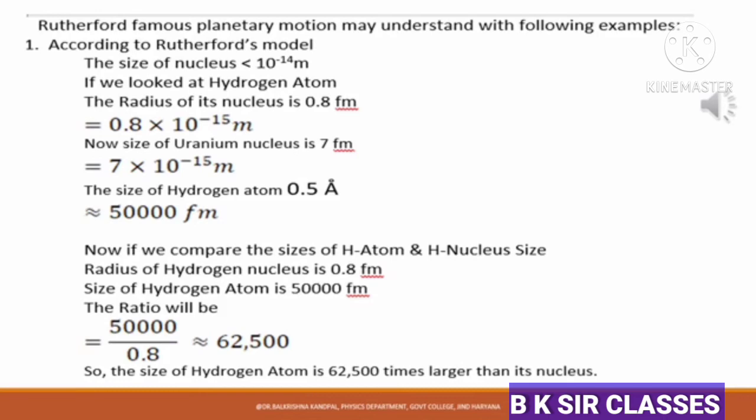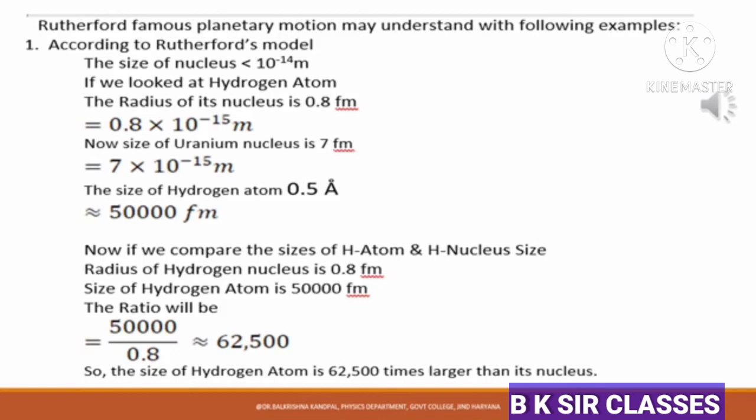As we know, the size of the nucleus according to the Rutherford model is less than 10 to the power minus 14 meter. If we look at the hydrogen atom, the radius of its nucleus is 0.8 femtometer. It can be written as 0.8 into 10 to the power minus 15 meter.